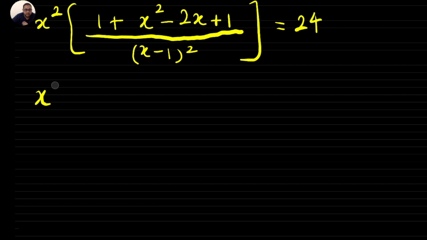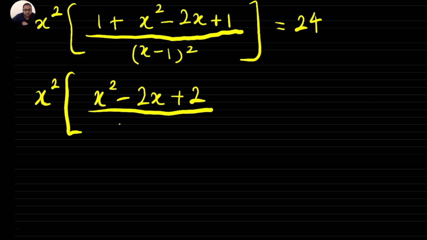X squared gets outside. We have x squared minus 2x plus 2 divided by (x minus 1) squared equals 24.